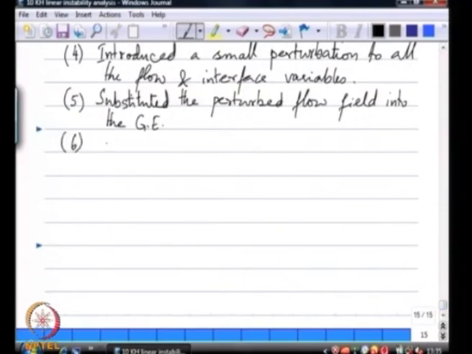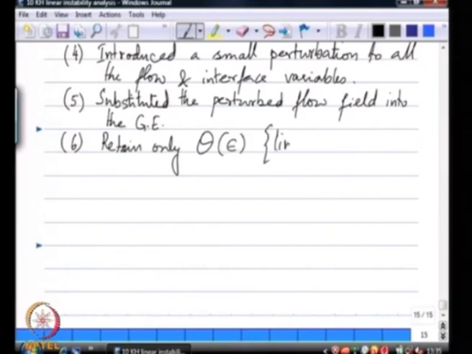The next process is retain only order epsilon, which is basically linear terms, and neglect the rest.